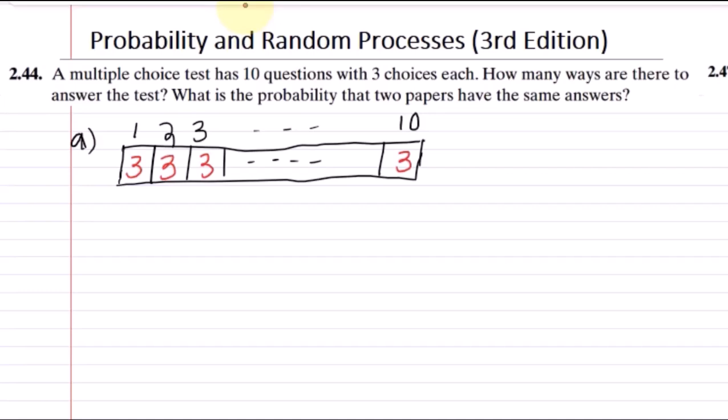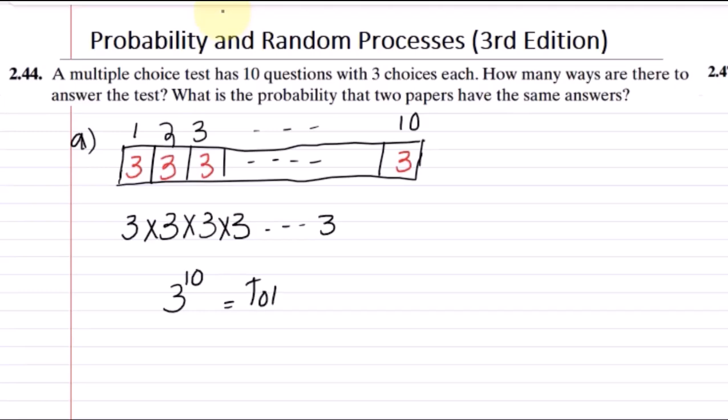So what will it give us? It will give me 3 and 3 and 3 and 3 up to the 10th 3, so 3 raised to power 10. Finding this gives me the total number of choices.